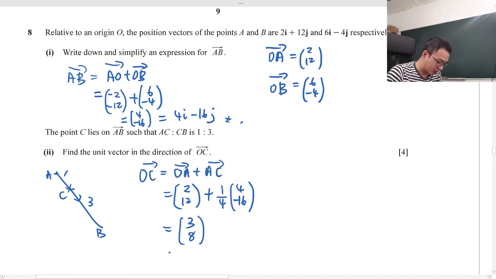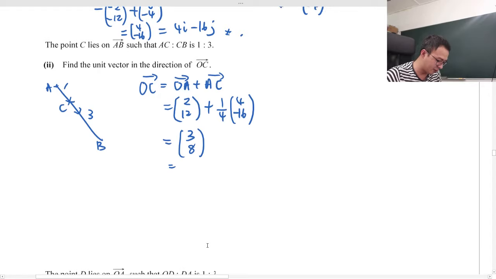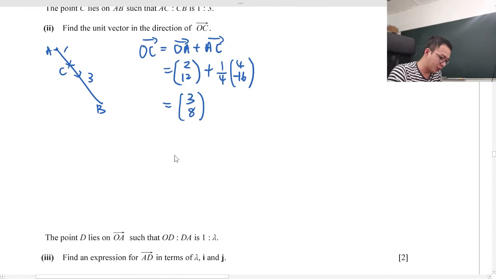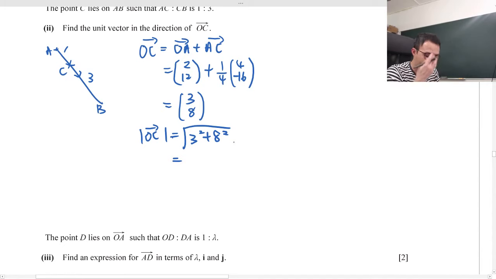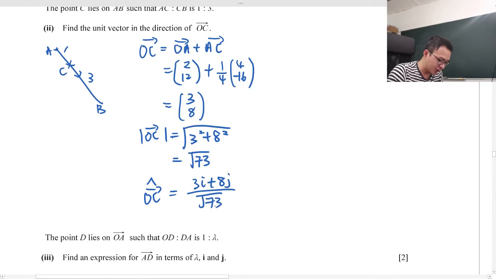Alright, so this is OC, but they ask about the unit vector. So what we need to do is find the length of OC, which is the magnitude. It's the square root of 3 squared plus 8 squared, so it's 9 plus 64, 73. Square root 73. Therefore, the unit vector of OC is equal to 3i plus 8j over square root 73.